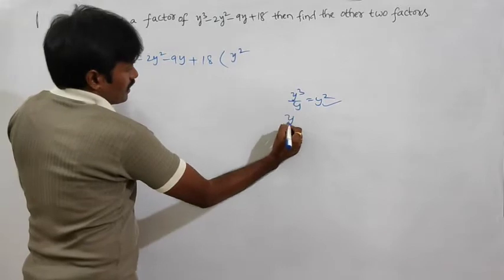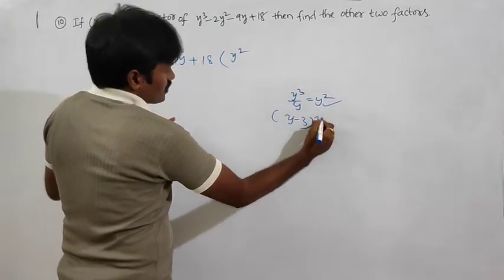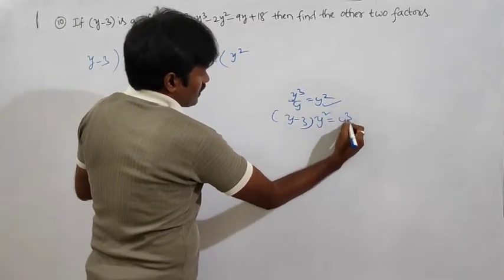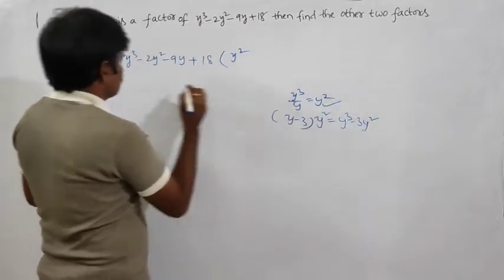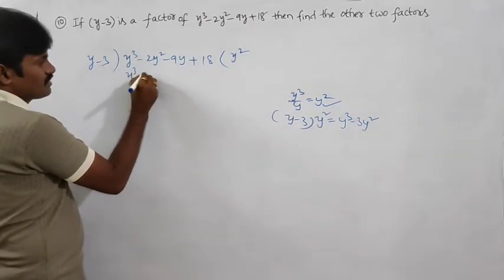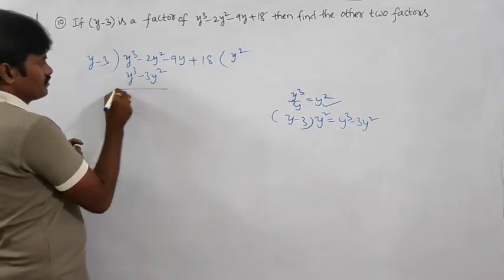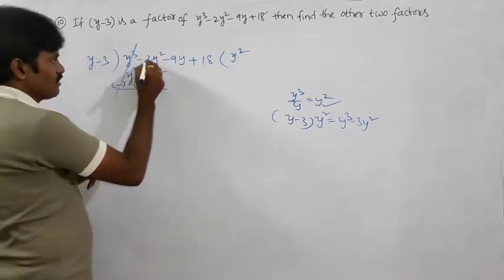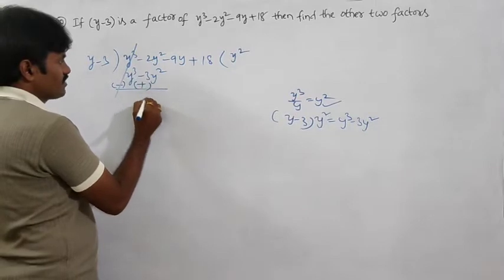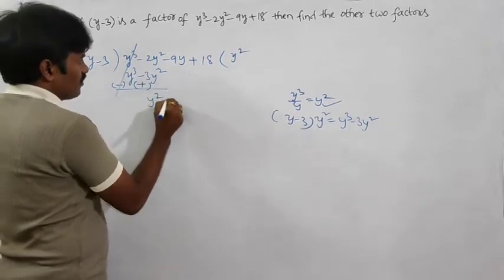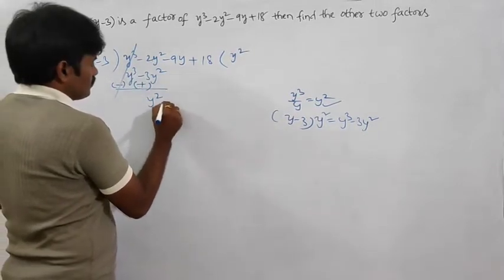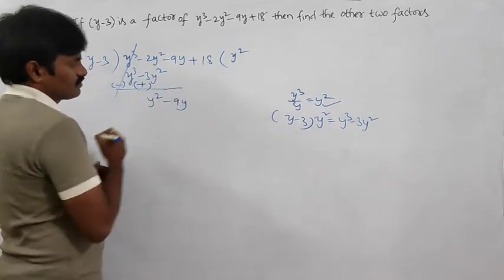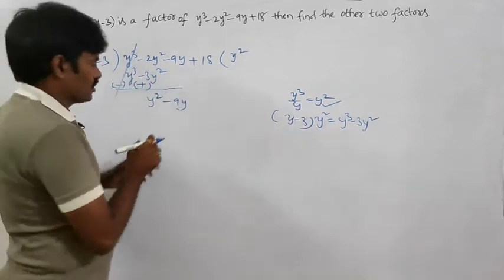Now y minus 3 into y square gives us y cube minus 3y square. Now subtract the terms. y cube minus y cube gets cancelled. Minus 2y square plus 3y square gives us y square. Bring down the next term, that is minus 9y. It is a new dividend.